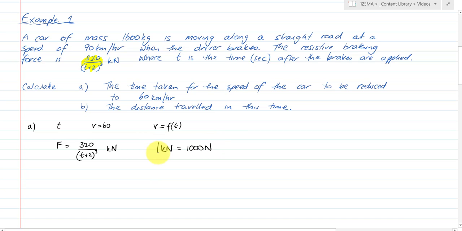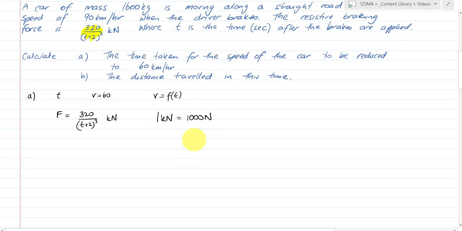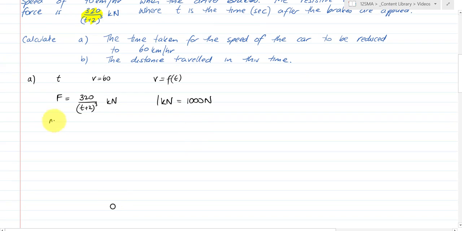We also know the mass of the car is 1600 kilograms, so ma equals 320 over (t plus 2) cubed, and 1600a equals 320 over (t plus 2) cubed.